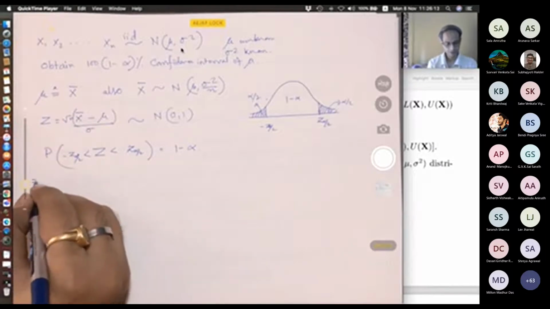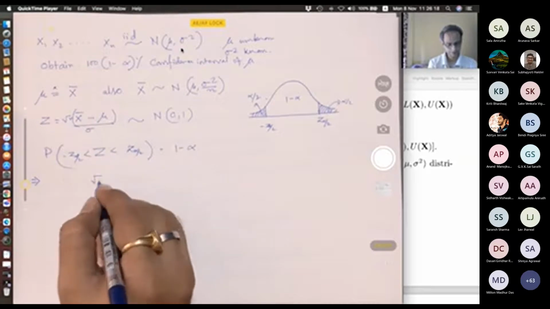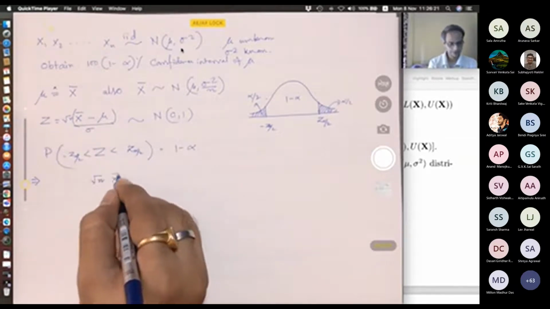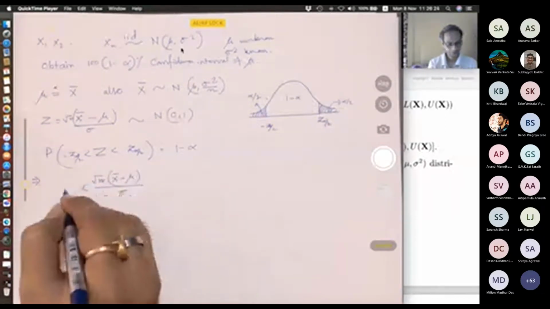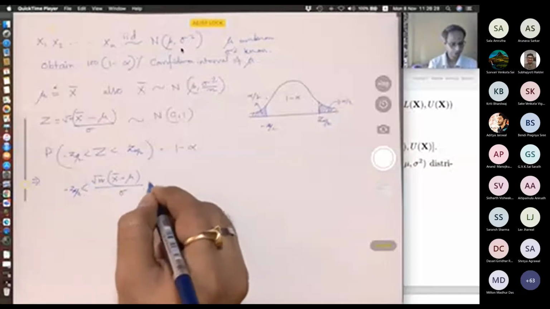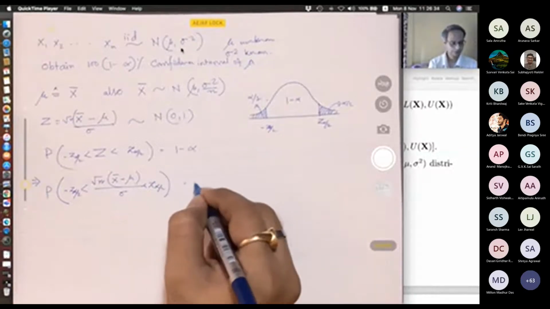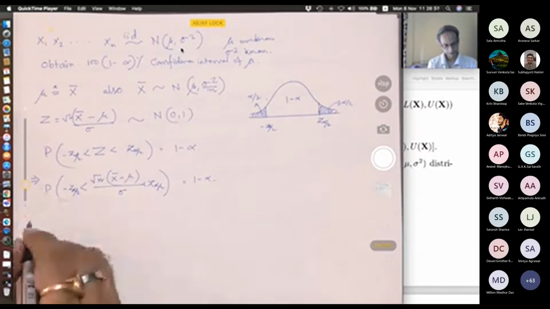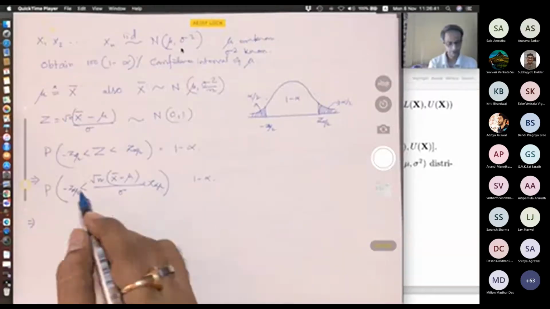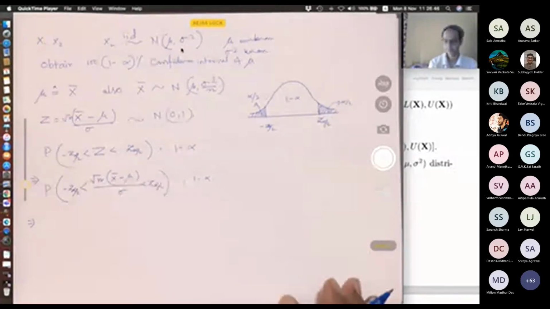Now, the rest is trivial. You write down the expression of Z, x bar minus mu divided by sigma by root n. Then do the side change in such a way that mu will be in the middle, and the rest of the things will go to either the right hand side or the left hand side.